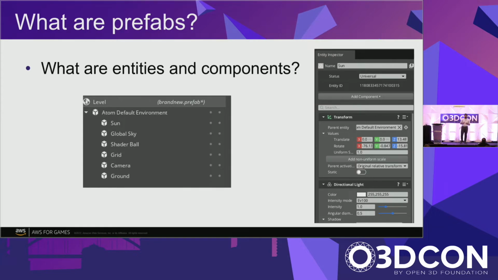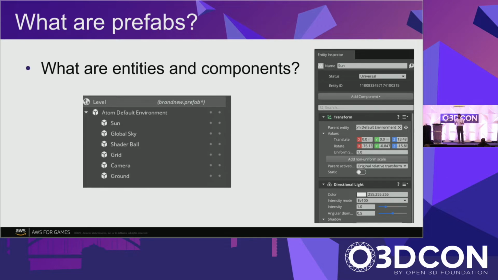If you attended some of the presentations in this conference in the last few days, or if you just played around with the editor, you understand that components are building blocks that you can put custom logic in and let define game behavior during gameplay. And entities are basically containers that can hold one or more components, so that you can build your game logic in a nice and abstracted way without putting all of the components in one place.